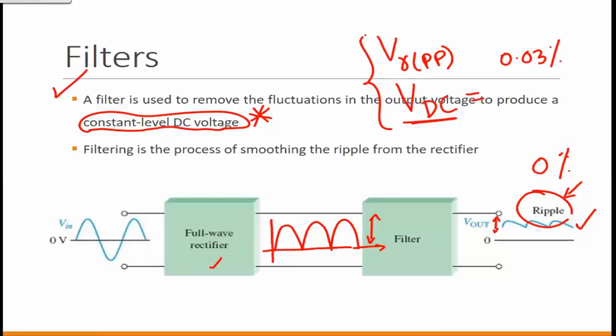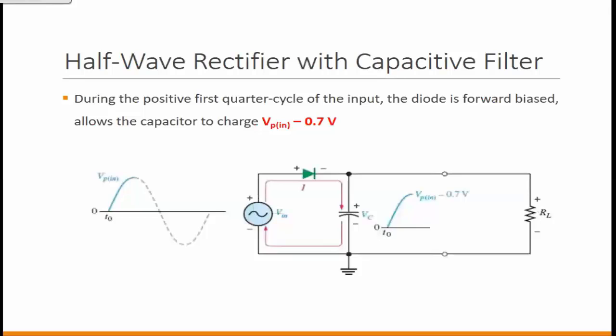So let's take a look at first what this filter is, what is going to be inside this filter, and then we will see how to use these formulas. A filter is nothing more than simply adding a capacitor. That's pretty much acting as a filter.